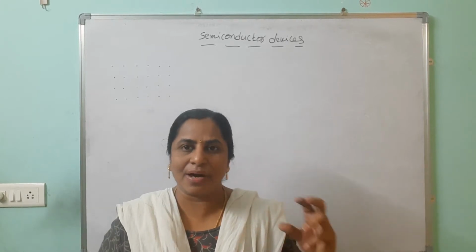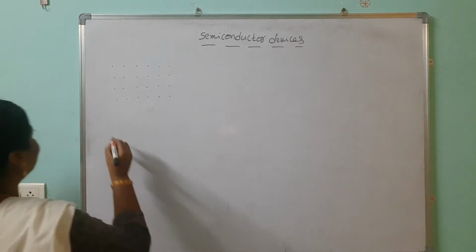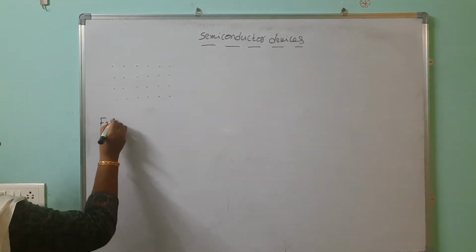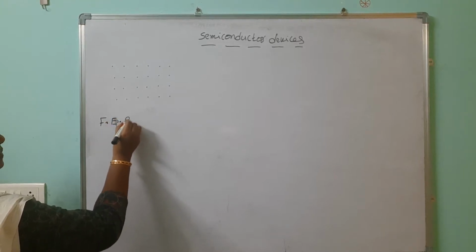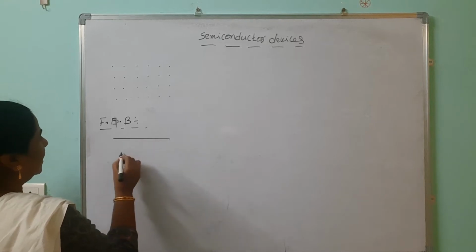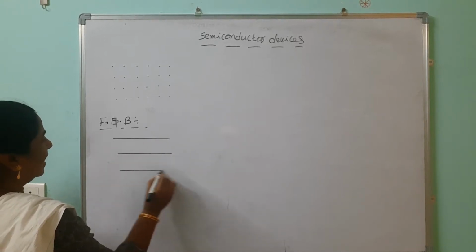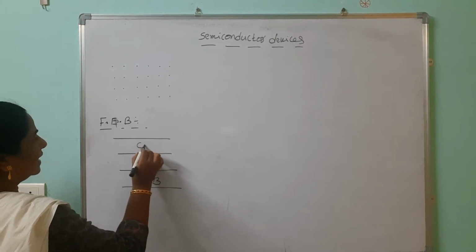Look here. I already said, based on the forbidden energy gap. What is the forbidden energy gap? We can write it as FEG also. Actually, there are three bands. One is the valence band, VB, and this is the conduction band.